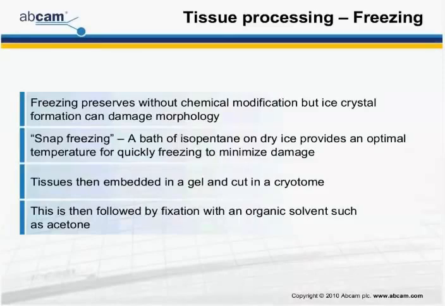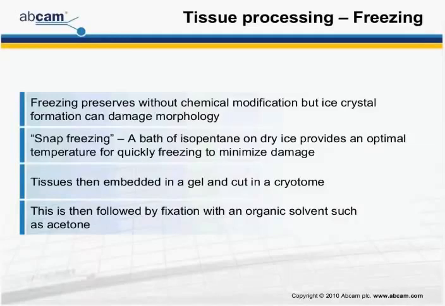So this is usually addressed by transferring the tissues to a 20% sucrose solution, and the sucrose here acts as a cryoprotectant. Following that step, the tissue can now be snap frozen, and this occurs in a bath of isopentane on dry ice. This will provide an optimal temperature for quickly freezing the tissue to minimize damage.